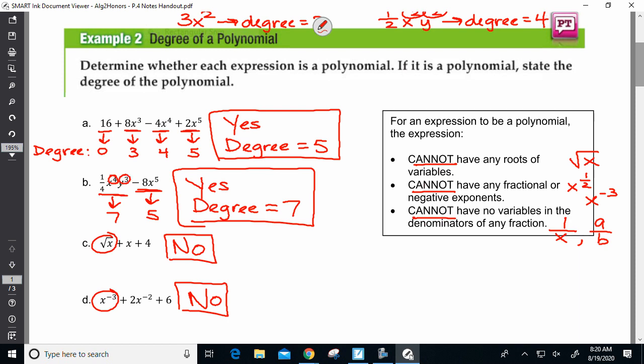You add those up, you get 7. So when you're looking for a degree, the variables do not have to be the same. Does that answer your question? Okay. So yeah, for a degree, the variables do not have to be the same.